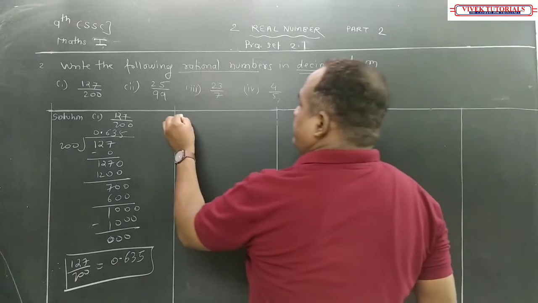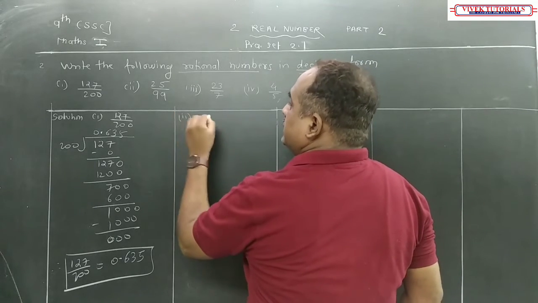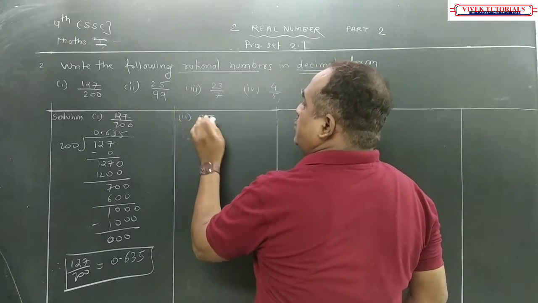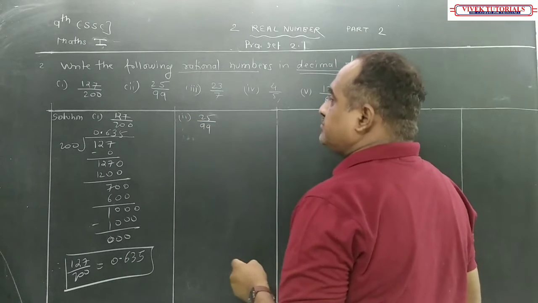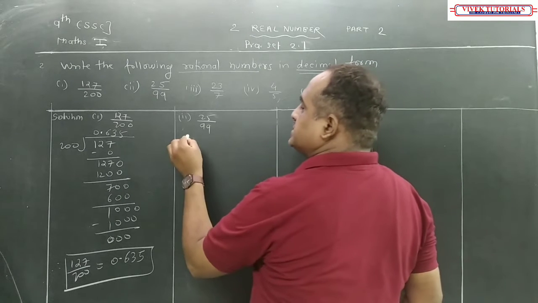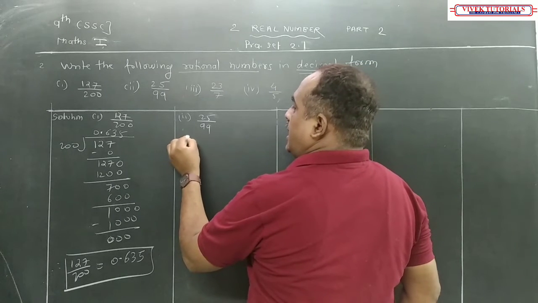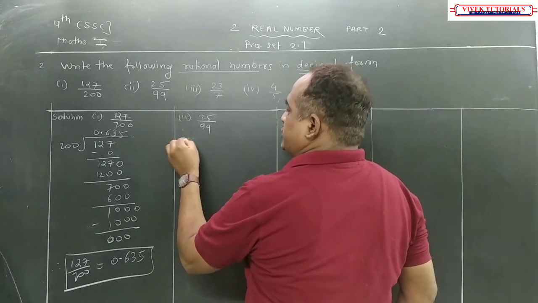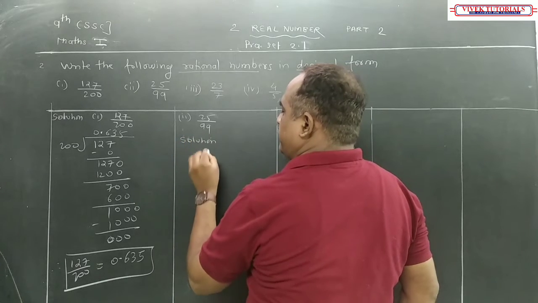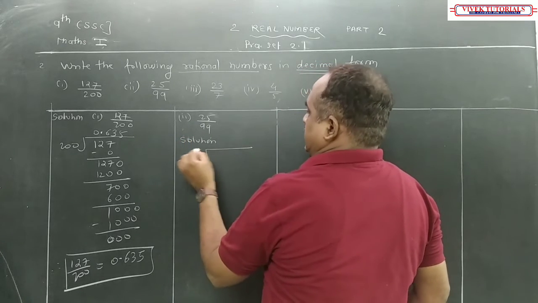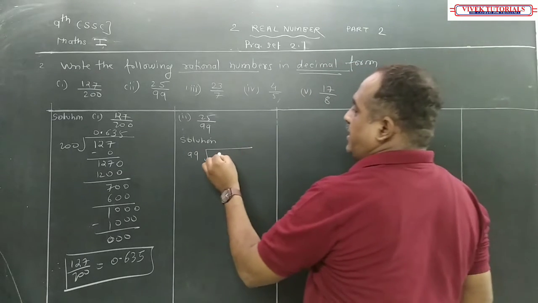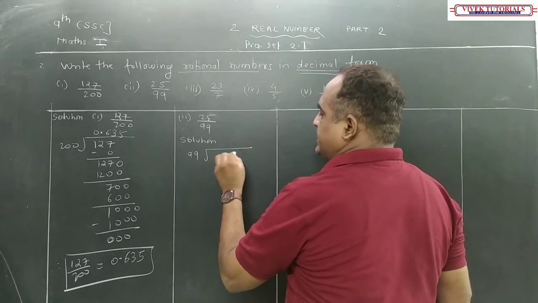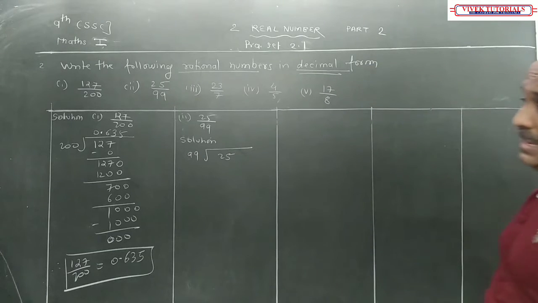Now second one, 25 by 99. So what you are going to do is, solution: 25 is divided by 99. Again, this 99 is smaller.